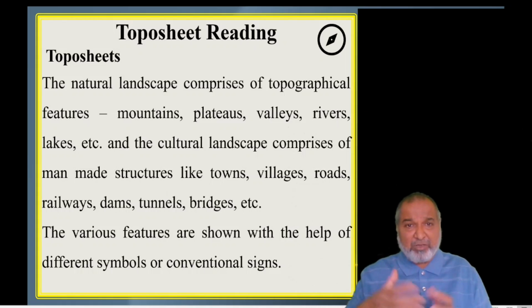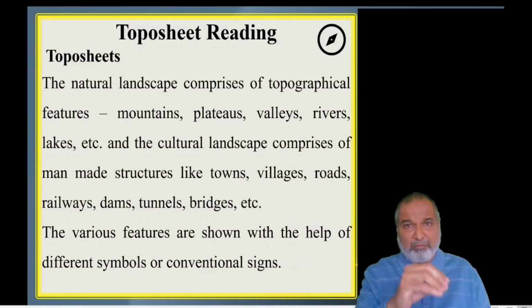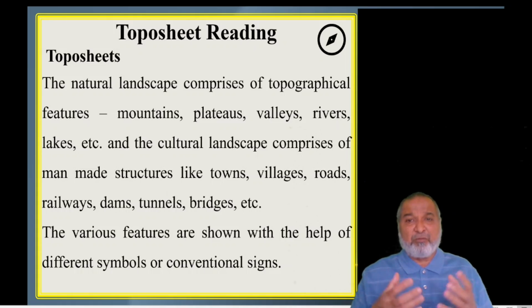Town, villages, road, how they are connected, what the roads are, what the dam, tunnel, rivers, bridges are, whether metal road or non-metal road, how the communication is, high tension wires. Then the locations, for which we use some convention signs: post office, police station, aerodrome, mine site, everything will be shown. With the help of the convention signs, you have to read that particular map. So that will be the exercise.